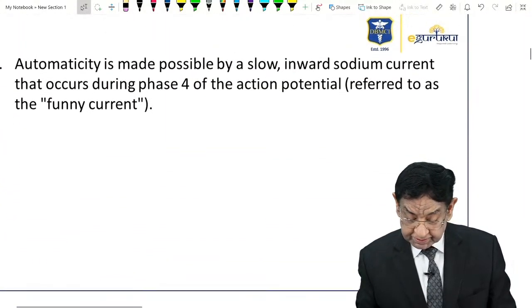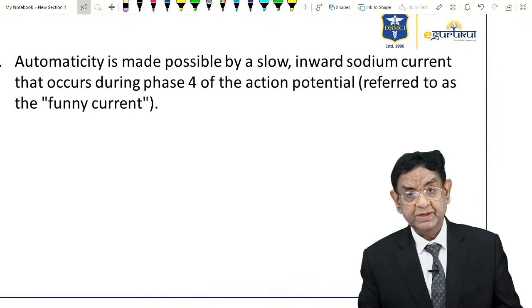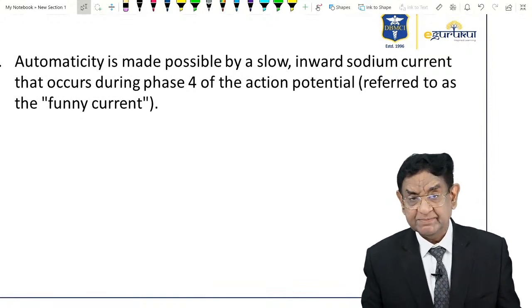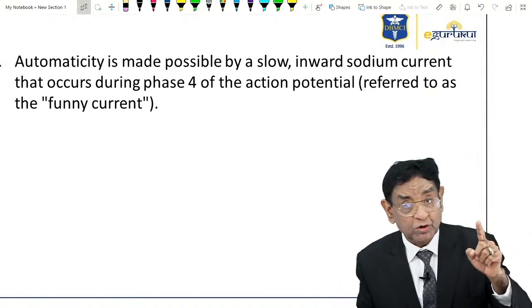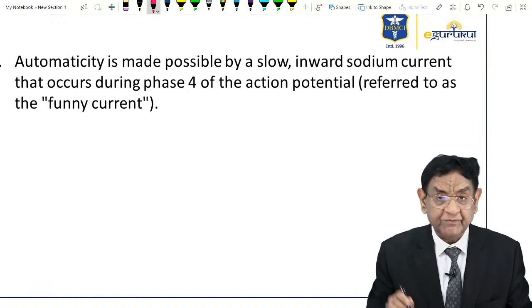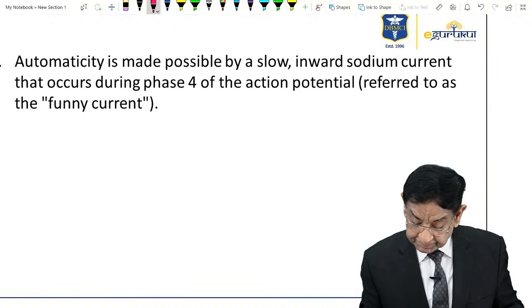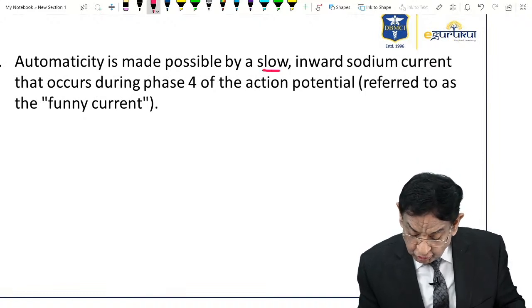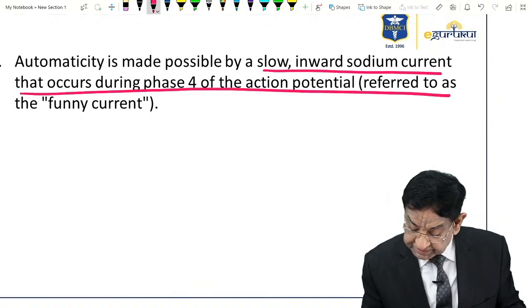We talked about phase 0. Phase 0 is calcium entry, but what happened in phase 4? Phase 4 also has a contribution in automaticity. There is a slow inward sodium current during this phase.